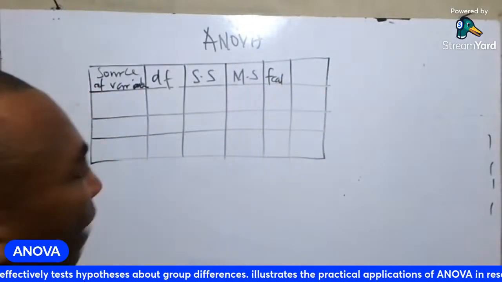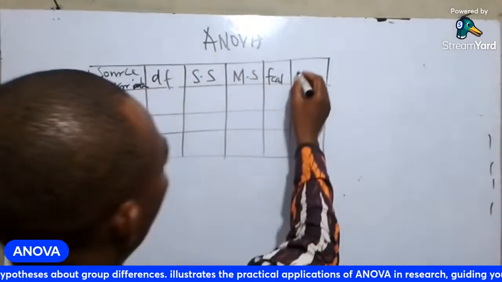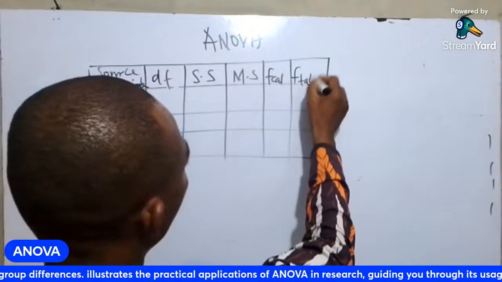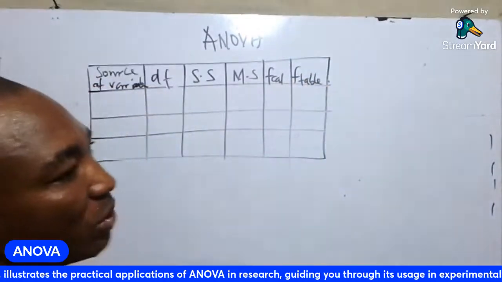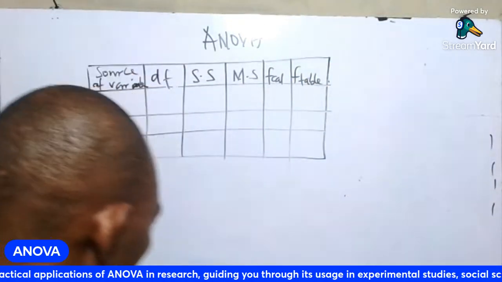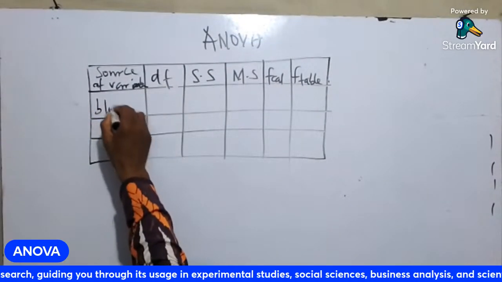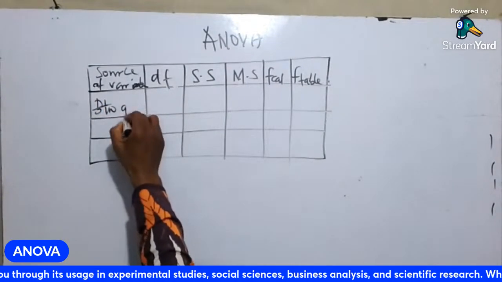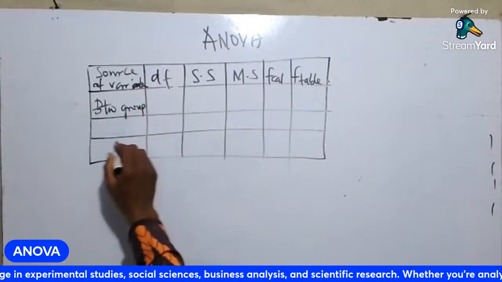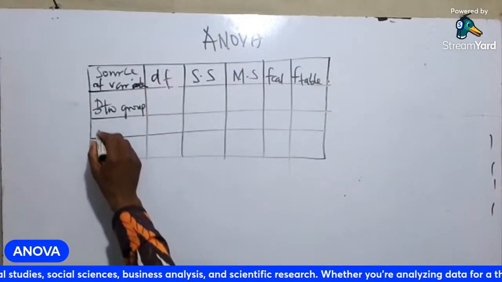That is the calculated value. Then you talk about F table. So for analysis of variance, you check your F table. In checking the F table, you look at between the group, within the group and the residual.